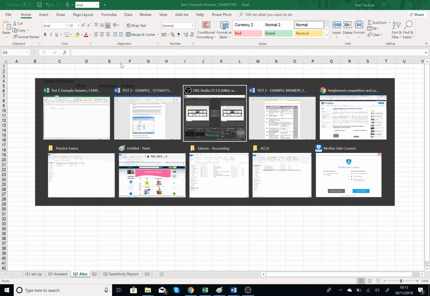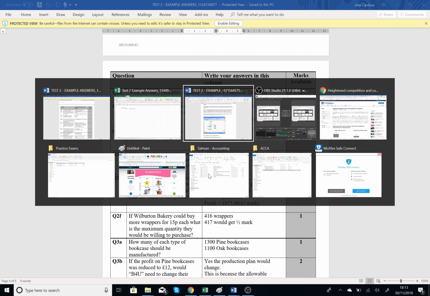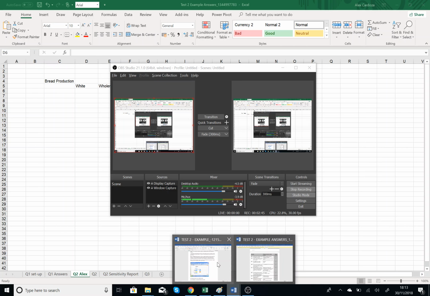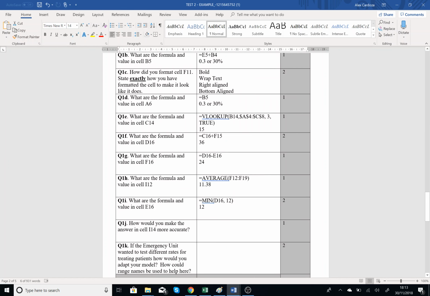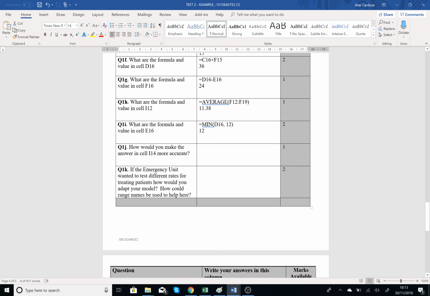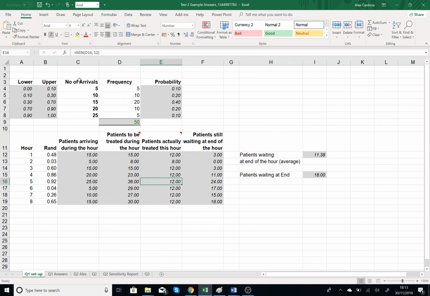Oh yeah, and actually, just quickly before we continue with that, I do have this answer for you here. It's just how would you make the answer more accurate in I-14. So if we go back to I-14 here, what they meant was, I guess this one.